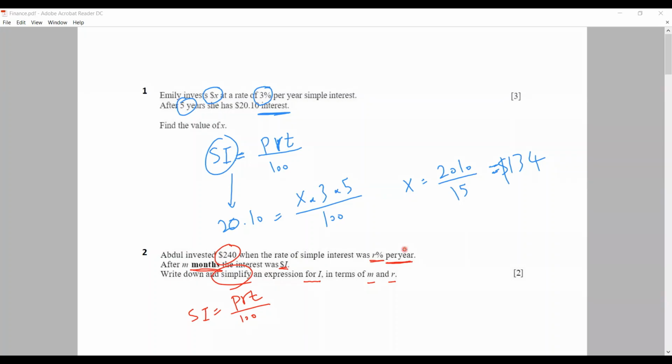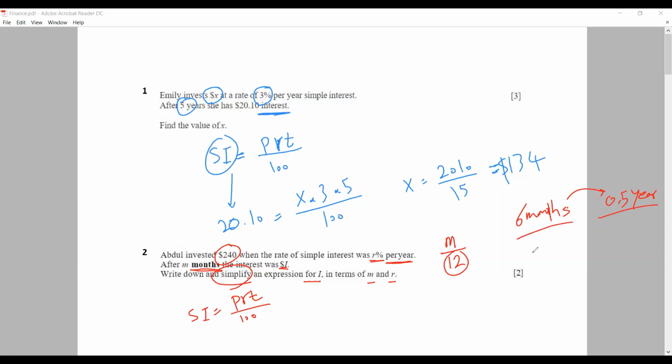How do you do that? Well, basically you divide M by 12, which is the number of months in a year. It's not really confusing. You can think of 6 months, for example. If I ask you 6 months is what portion of a year? If you convert it to years, you divide 6 by 12 and 6 months is half a year, right?